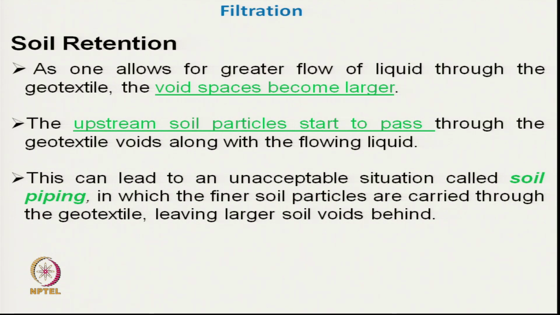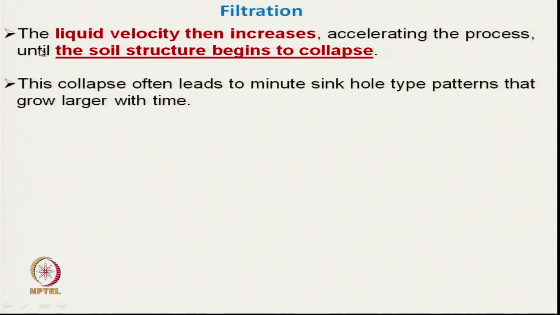So, soil retention is another important characteristic. We should not allow the soil to get lost. Soil piping we should avoid by adjusting the pore size. As the liquid velocity increases, it accelerates the collapsing of the soil structure.